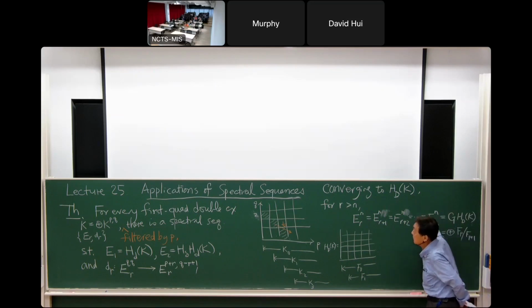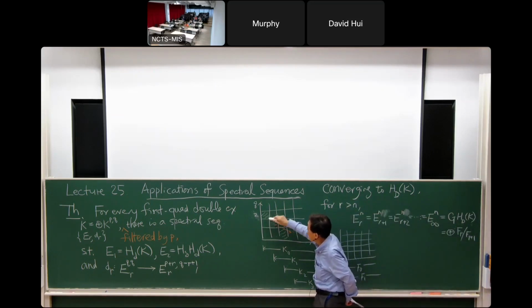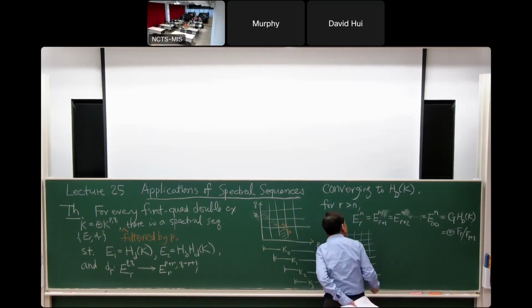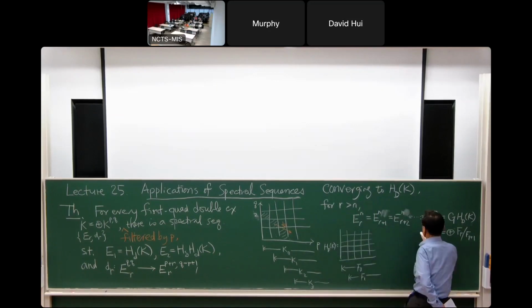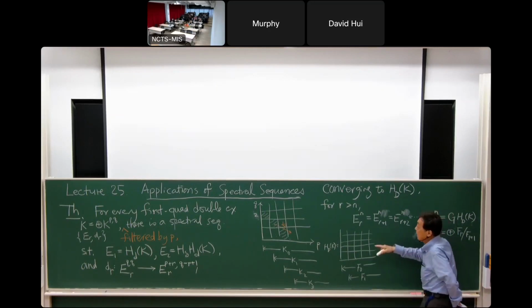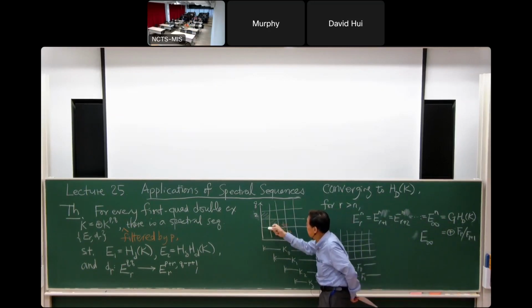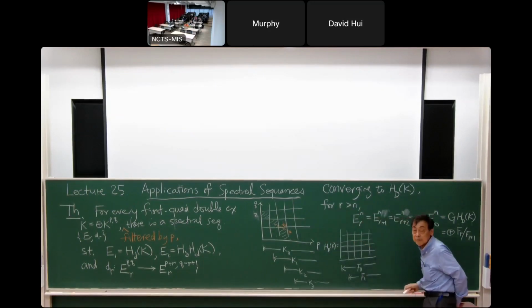And E infinity n will be these boxes, so these boxes should have degrees that sum up to n.